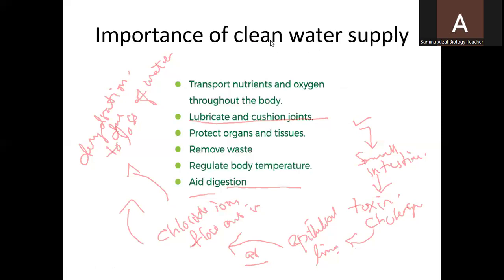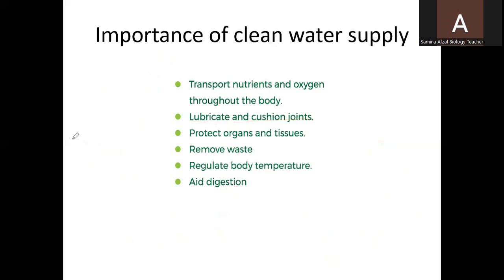Now I would like to discuss the importance of clean water supply to avoid cholera. Water transports nutrients and oxygen throughout the body, because water acts as a transporting system. It also lubricates and cushions joints, and protects organs and tissues.